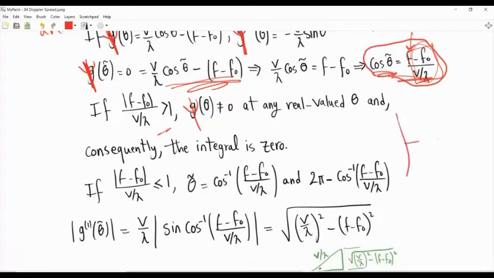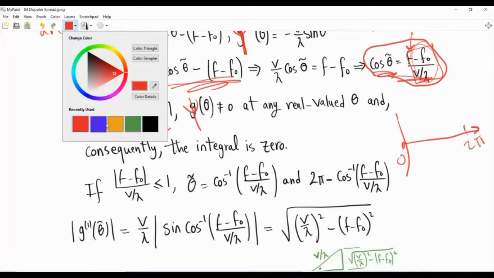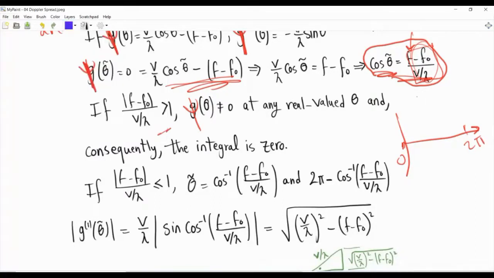Because what is the cosine signal from 0 to 2 pi? Okay, it looks like this. Here is pi over 2, then here is pi, then it goes like this to 2 pi.